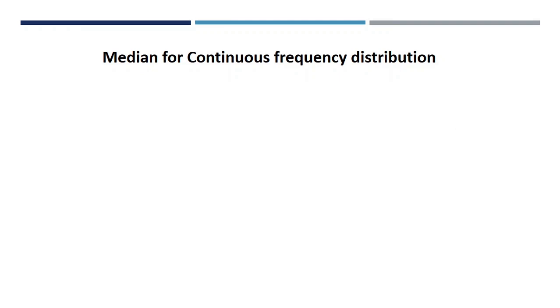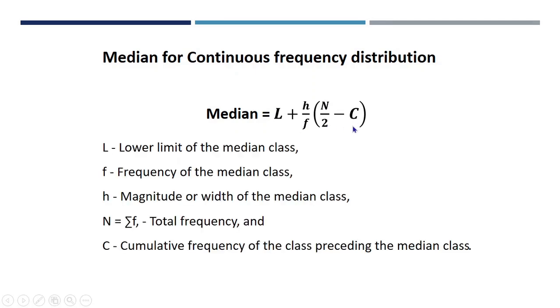So in this session we have seen the calculation of median for the continuous frequency distribution. For a continuous frequency distribution, it is calculated as L plus H by F into N by 2 minus C, where L is the lower limit of the median class. The median class is found by taking the value N by 2 and then getting the cumulative frequency just greater than N by 2.